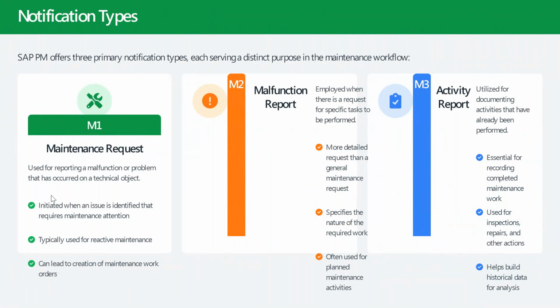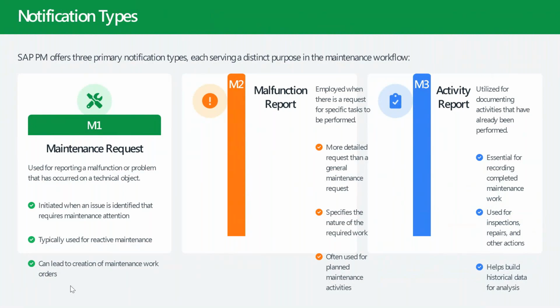When you find any issue, you can immediately report it by creating a maintenance request notification, type M1. It is initiated when an issue is identified that requires maintenance attention, and it can lead to the creation of a maintenance work order.